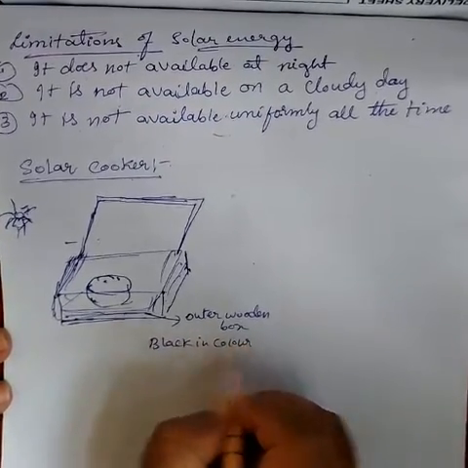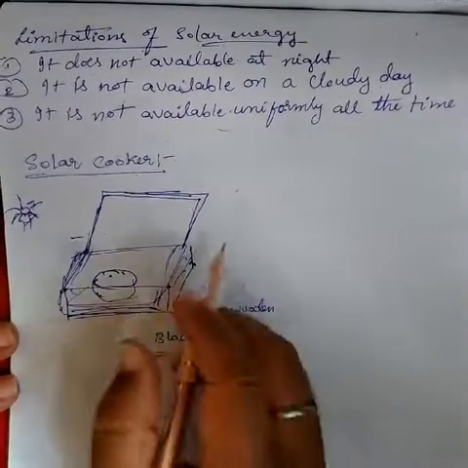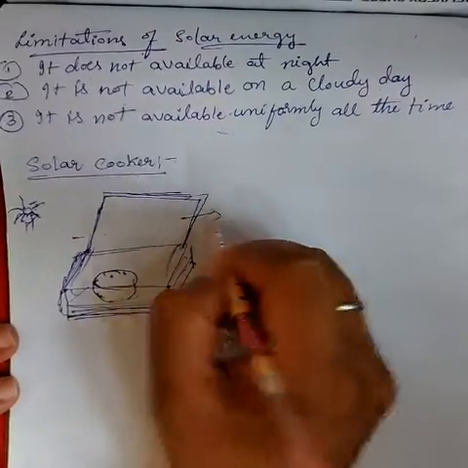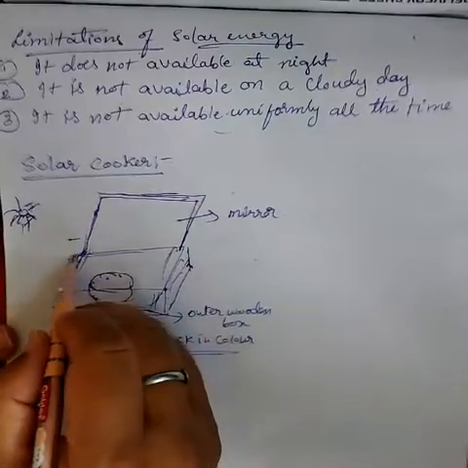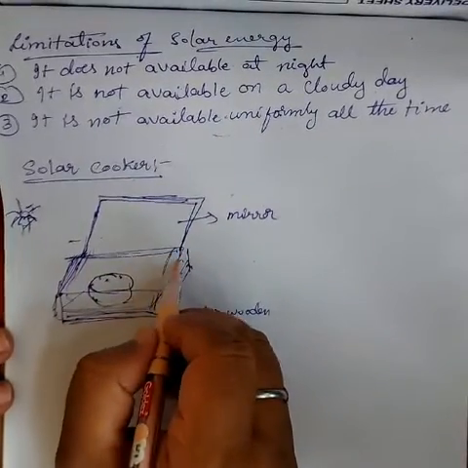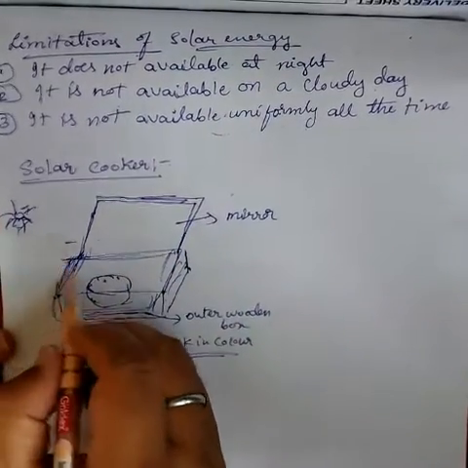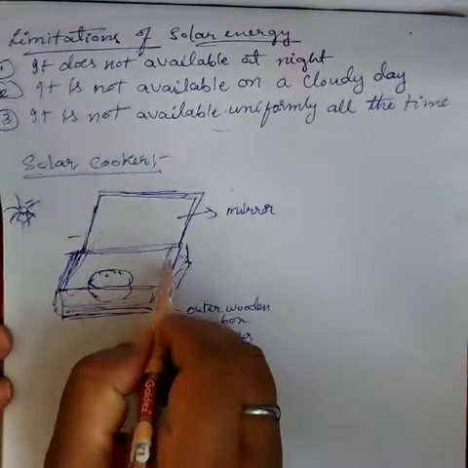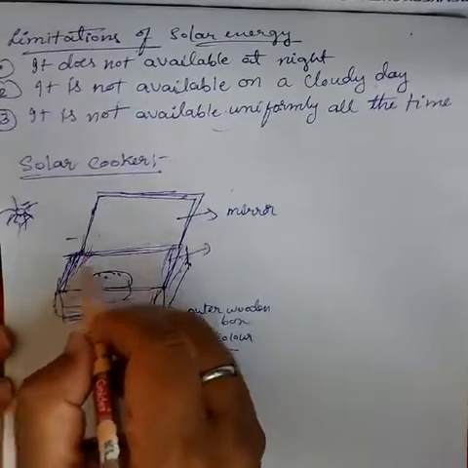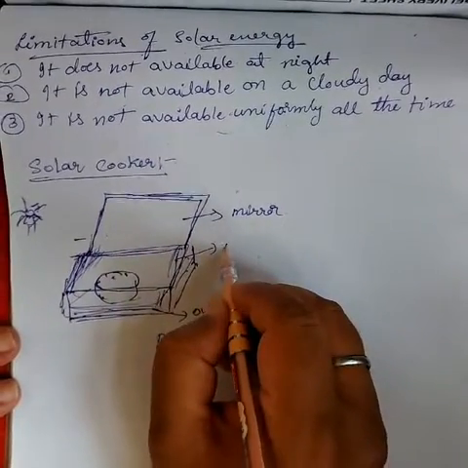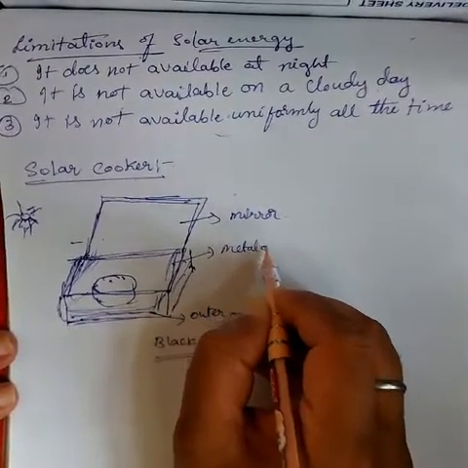Why it is black, we discuss now. This is called a mirror, and there is also a metal box covering it.